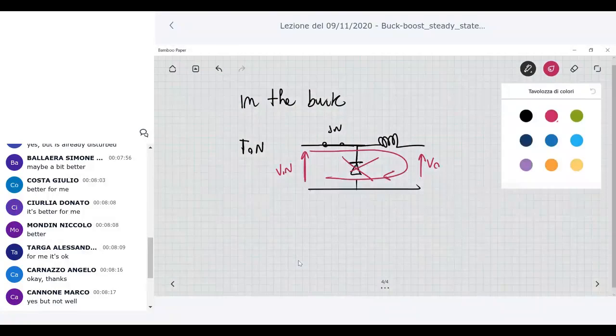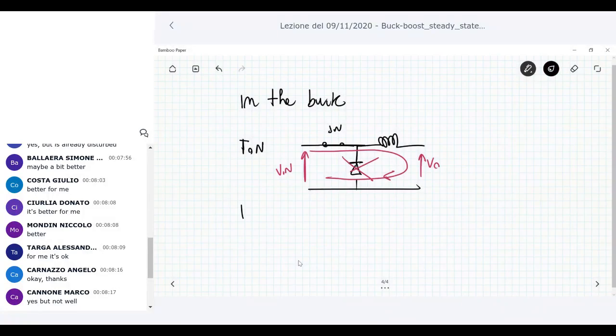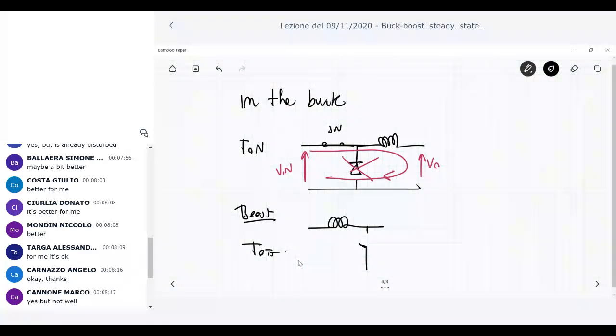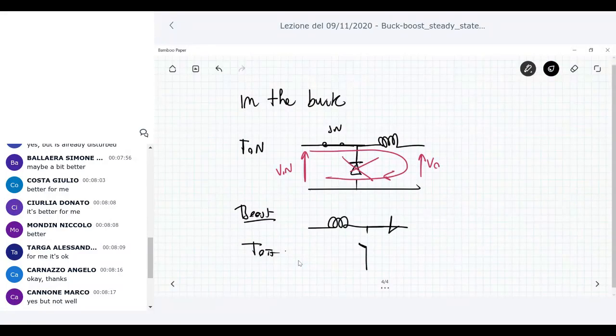In the boost, what happens? During T off, the switch is open. The diode, which is here, is on.